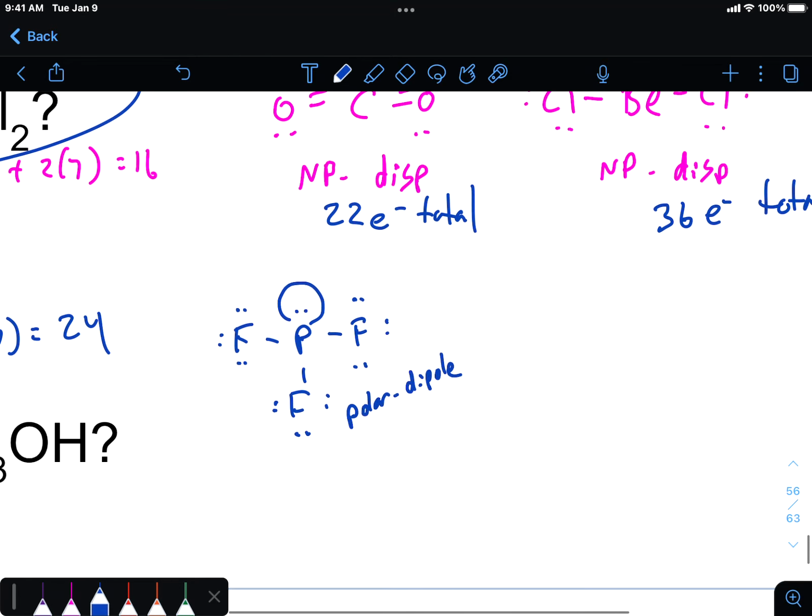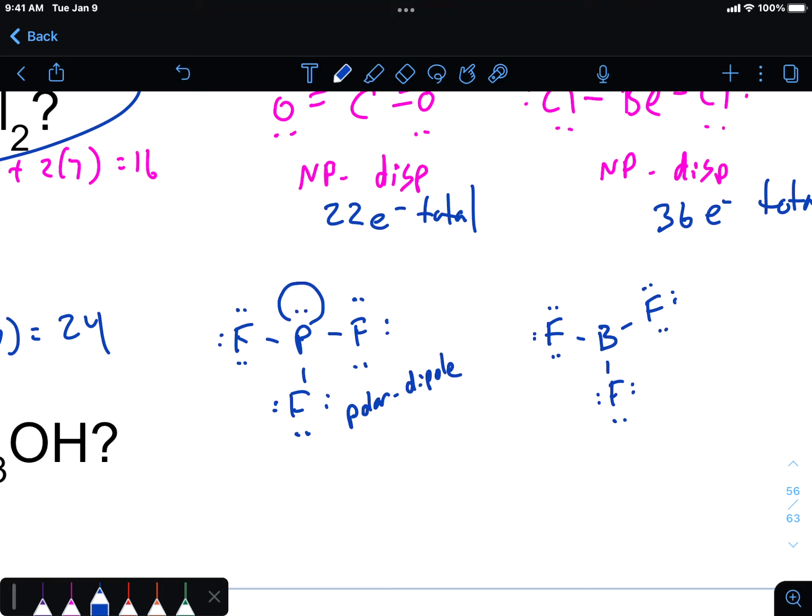BF3. Boron is the other example that cannot have a full octet. It's only going to have 3 bonds. So because there's no lone pair, it's got 3 bonds, all equally spaced out.